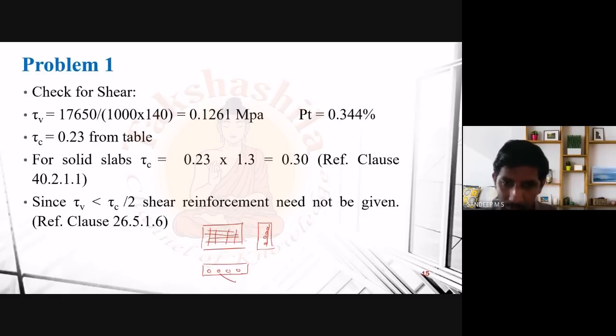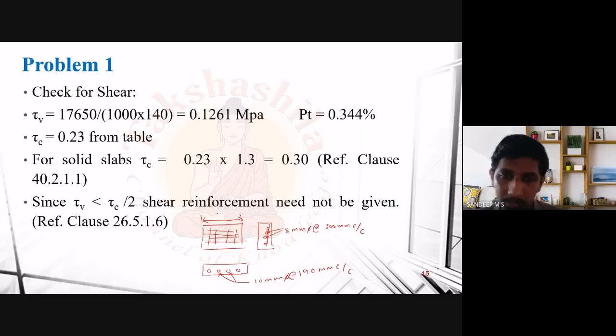Now what you have to do is just show it like this. Say 10 millimeter phi at 190 millimeter C by C, and here also. This is say 8 millimeter phi at 300 millimeter C by C. Then you have to show these dimensions.